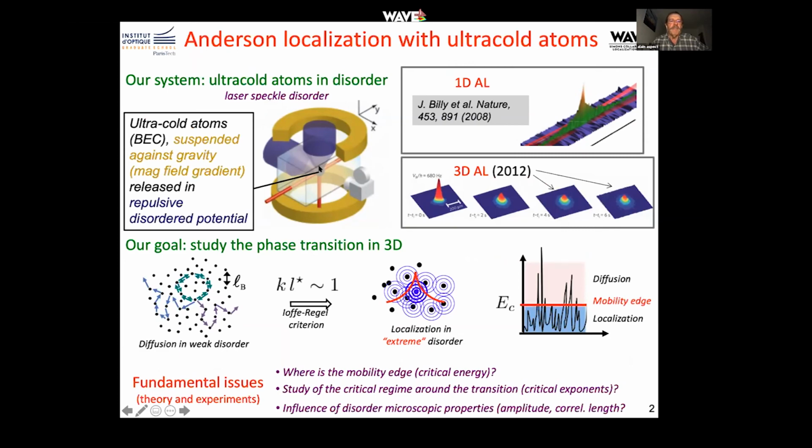We have here a cloud of ultra-cold atoms, and this cloud does not fall, not because it's rocket science, not because we go in a small gravity, but because we suspend the atoms with coils. The atoms are paramagnetic, and with a gradient of magnetic field, we can suspend the atoms, and believe it or not, we can observe them as long as 6, 8, 10 seconds, as you can see here.